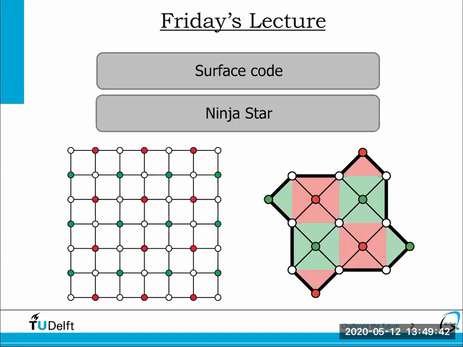Do you remember what happens below that threshold, and above that point? So the threshold defines the physical error rate that your code can tolerate.